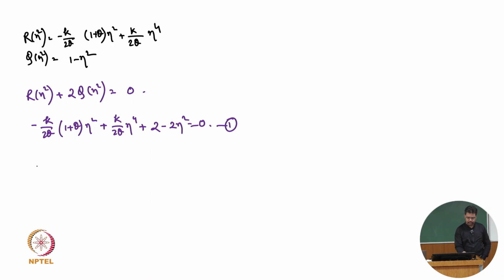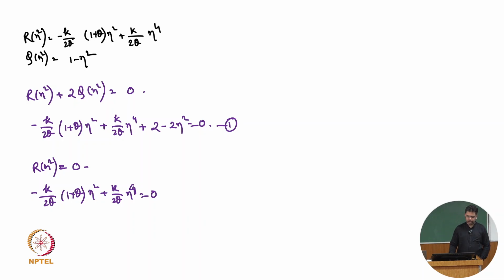And we will have another equation, that is r eta square equal to 0. So now if r eta square is equal to 0, you will get minus kappa by 2 theta into 1 plus theta eta square plus kappa by 2 theta into eta to the power 4, that is equal to 0.